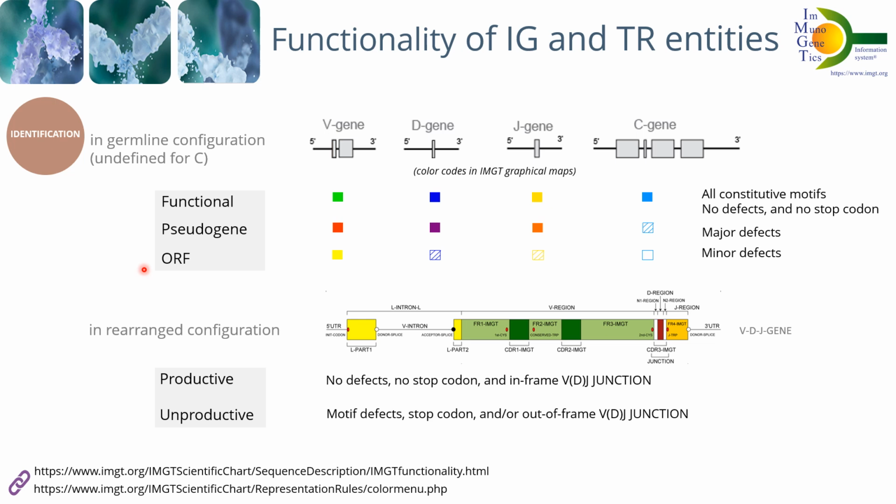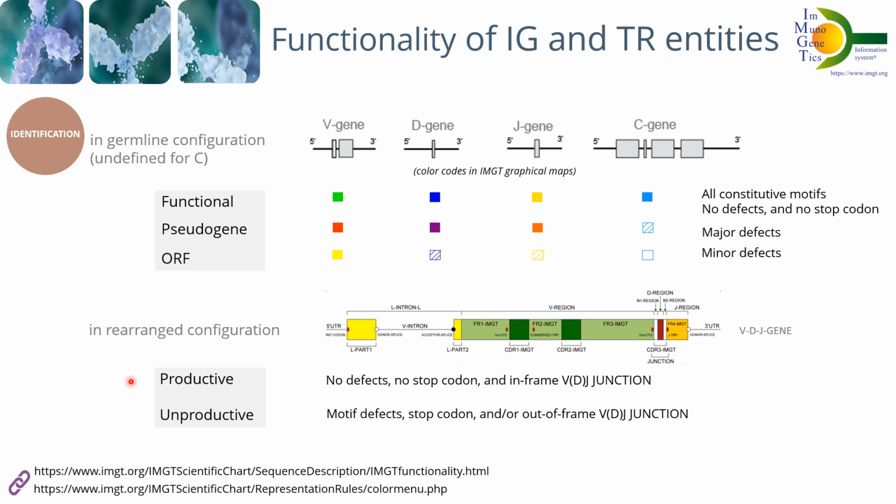For information, here is the color code for variable, diversity, joining and constant genes according to their functionality that you will find in the IMGT locus maps on the website. In the case of reference sequences, two terms were needed.